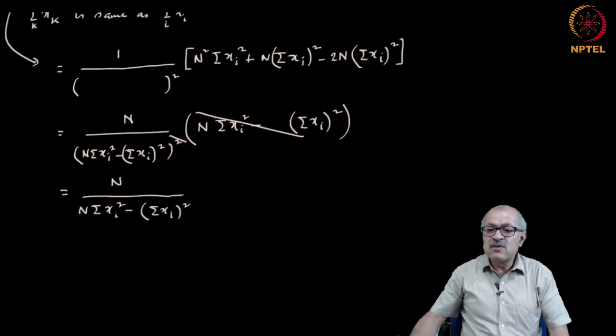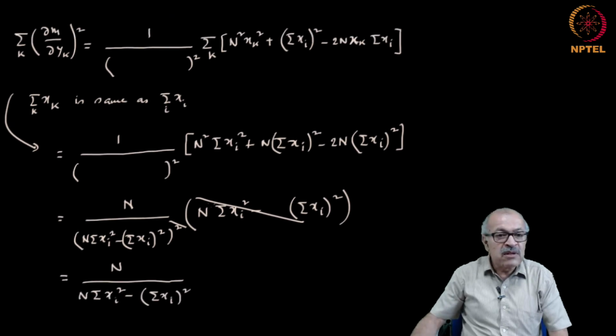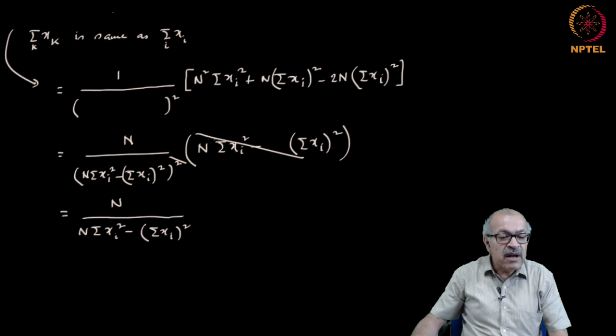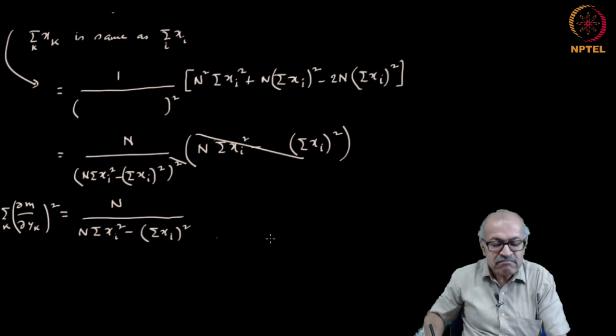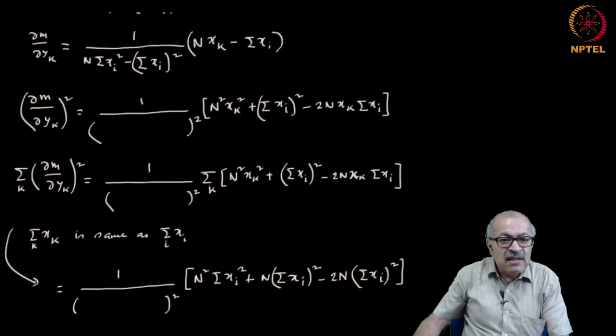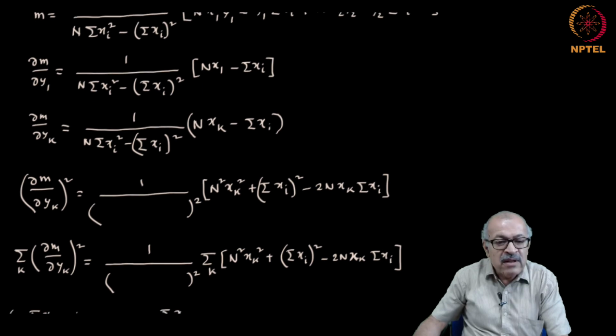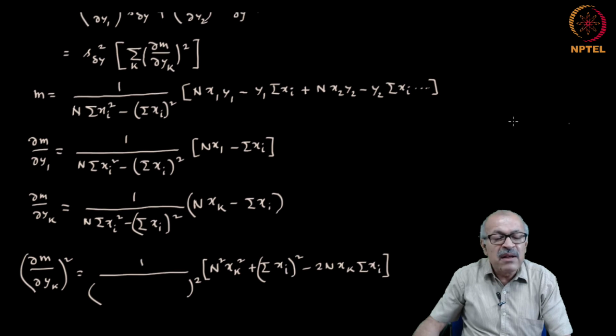So this is what the left hand side was. So that we don't forget, let me write it as the sum over k of delta m delta yk, whole square, was this. And this is what we have been able to calculate.